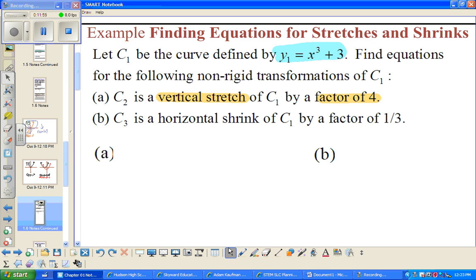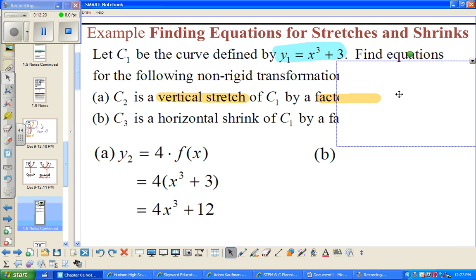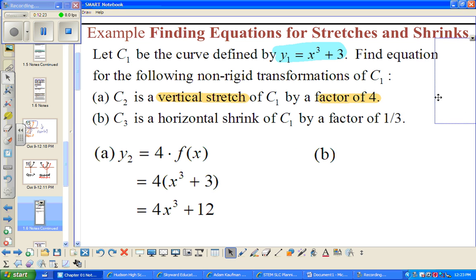Well, remember, if it's a vertical stretch, you're multiplying the entire function by a number. Since it's a factor of 4, you would take the entire function times 4. Be sure to distribute out, and shown below is your resulting function.